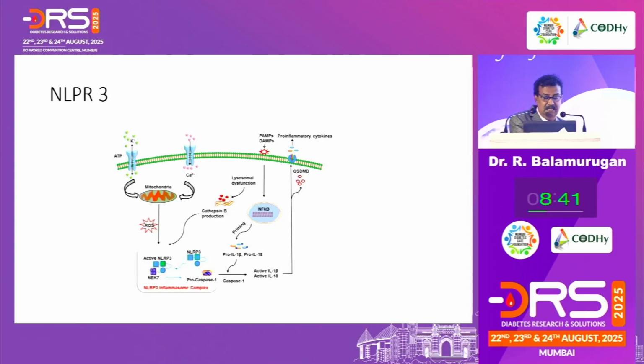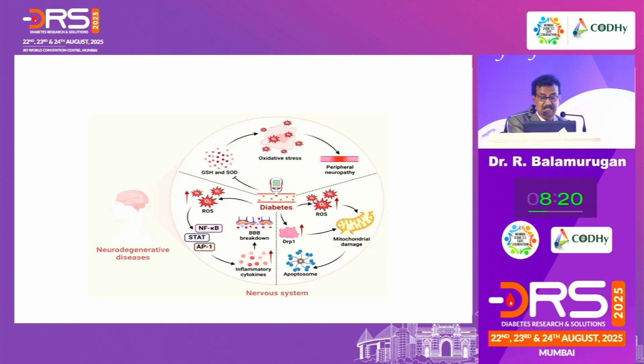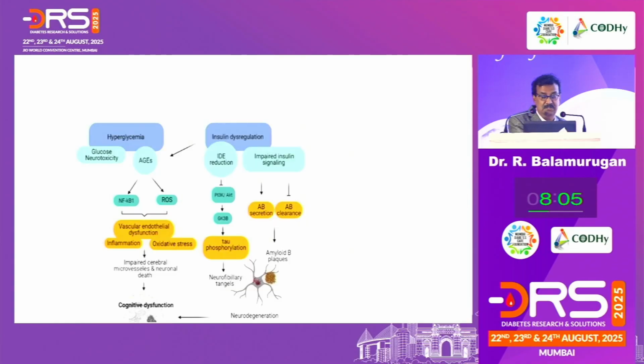There is an interaction, an inflammasome complex, leading to pro-caspase 1, and again there can be lysosomal dysfunction, and there can be NF-kB, which can prime and cause all the inflammatory mediators like pro-interleukin 1 beta and pro-interleukin 18. So these are the various mechanisms of neurodegenerative disorders. Again, looking at oxidative stress, reactive oxygen species, blood-brain barrier breakdown, inflammatory cytokines, apoptosomes, and mitochondrial damage.